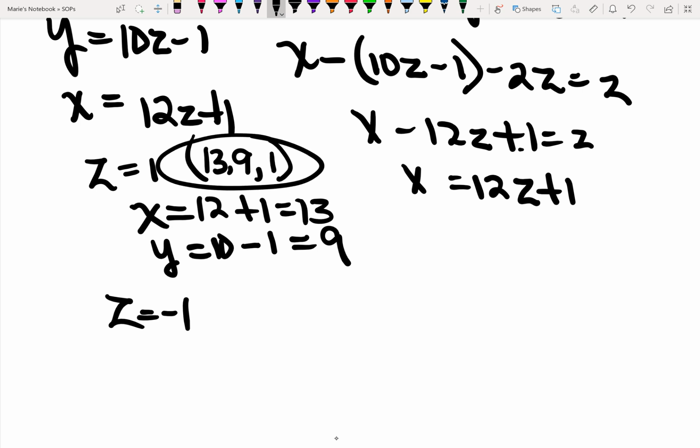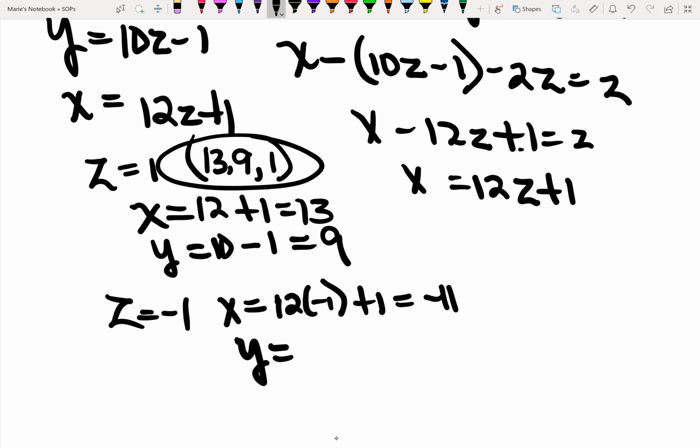But if it's -1, then notice what happens here. I end up with, so let's do x equals 12 times -1 plus 1, and so that gives me -11 for x. Here's y equals 10 times -1 minus 1 again, which gives me also -11.